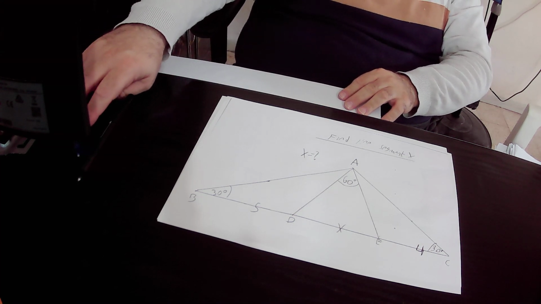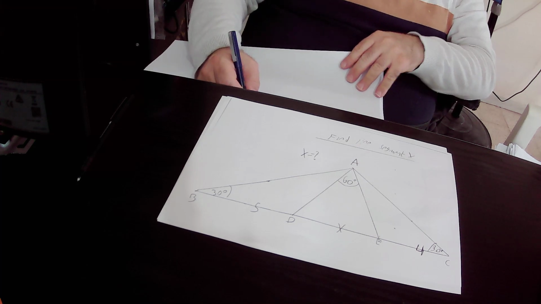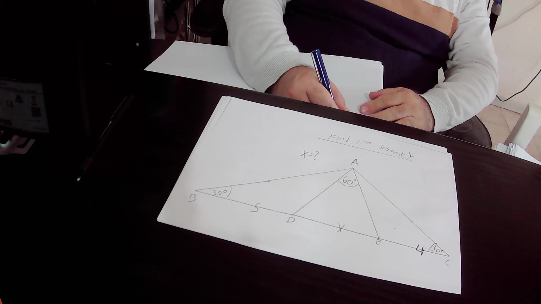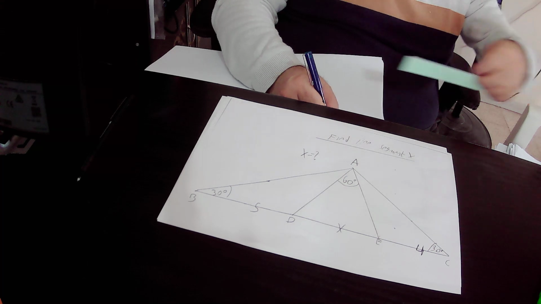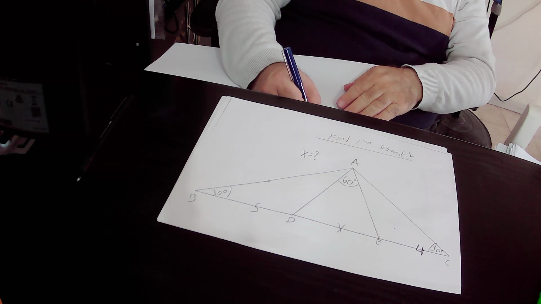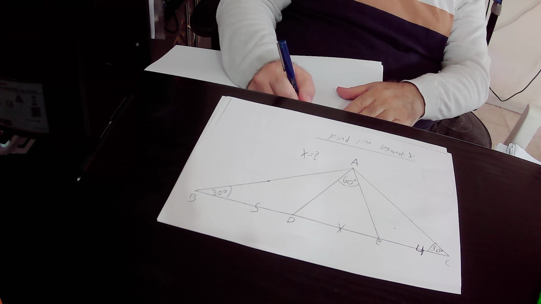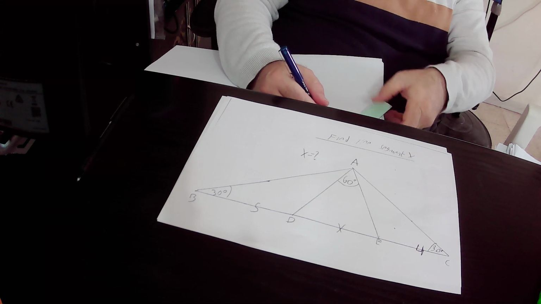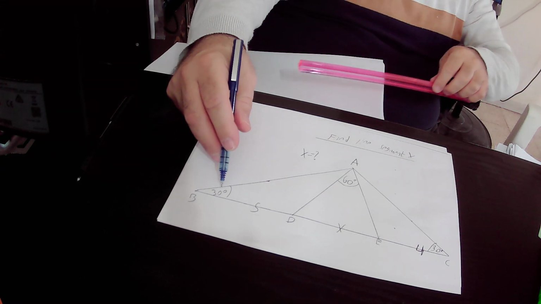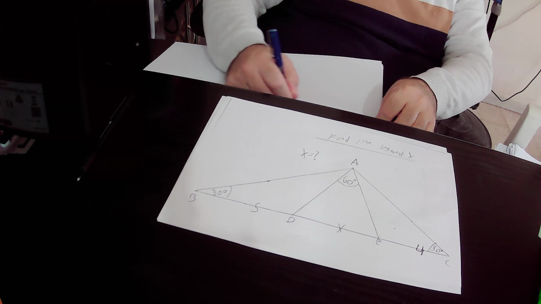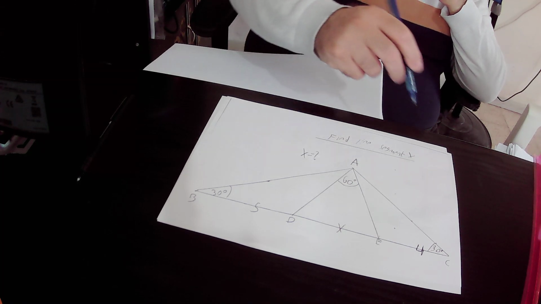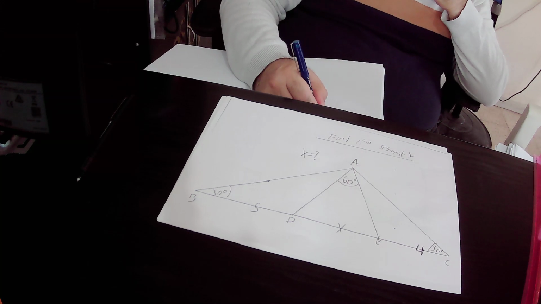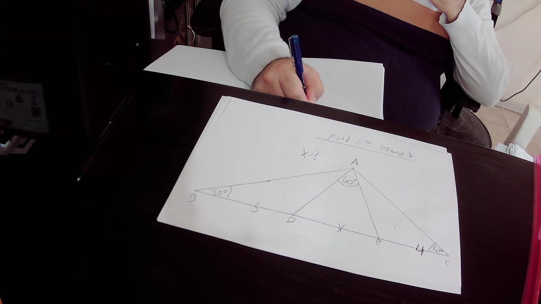In triangle ABC, this angle ABC equals this angle, that is actually angle ACB. And both angles are equal to 30 degrees, therefore they are equal to each other.